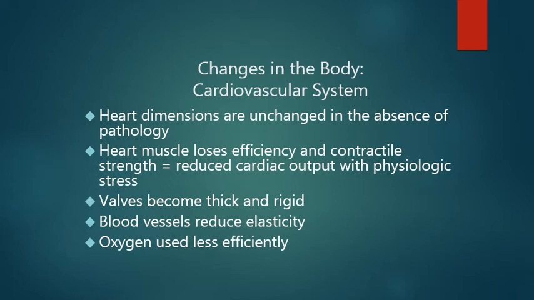The valves become thick and rigid even in the absence of disease, making it harder to pump, slowing down the internal core temperature. Blood vessels reduce their elasticity, their efficiency in pumping, and the oxygen is used less efficiently. So just think about some of the things that a farmer will do.